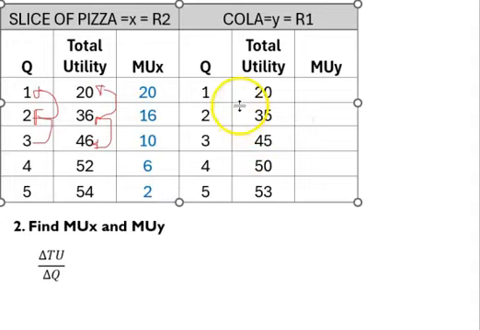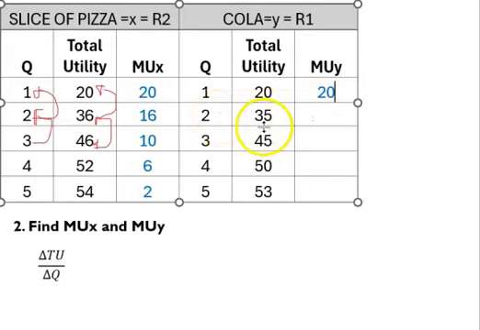Let us calculate that for the cola. We can see that when it comes to quantity, the change is 1, because it's 2 minus 1, 3 minus 2, and it's just 1. When it's 1 glass of cola, marginal utility is 20.